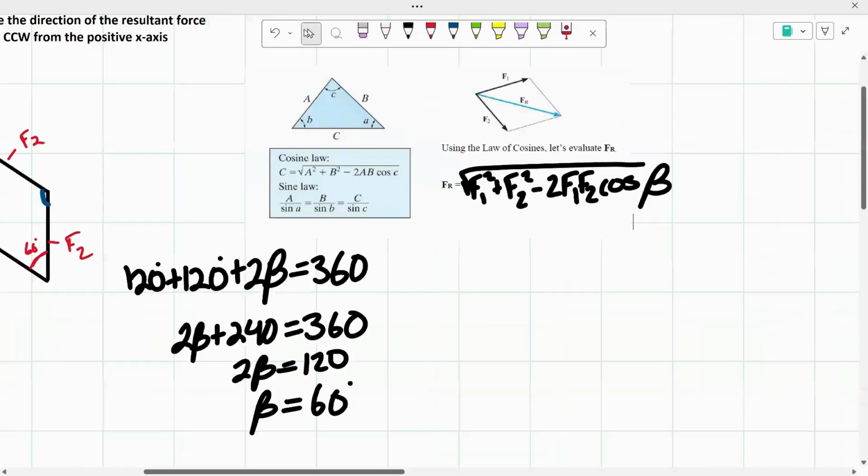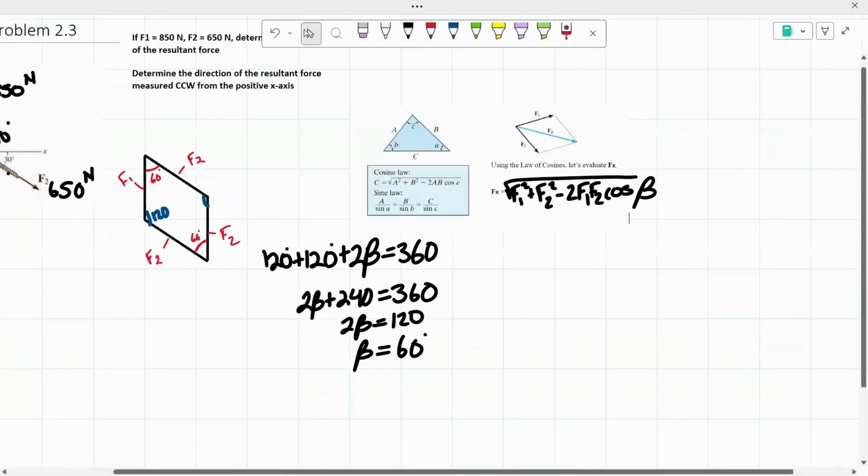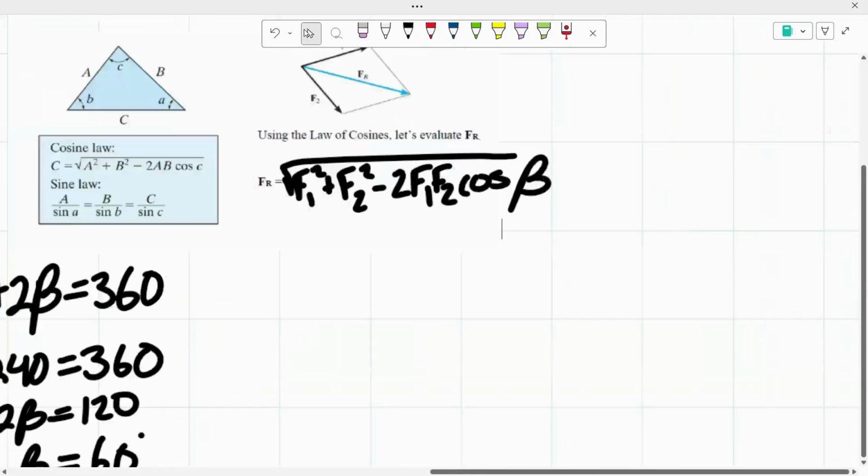So now that we have the cosine law written out, we can plug all our numbers into the equation.